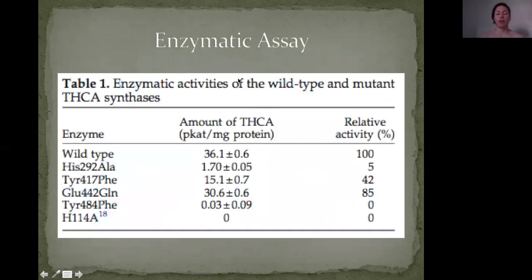Now that they figured out these residues, let me back it up just a little bit, and I'll tell you how they arrived at this enzymatic assay. Basically, they were looking at several residues as putative amino acids that bind the FAD residue to THCA synthase, and that may also be responsible for the catalytic reaction.